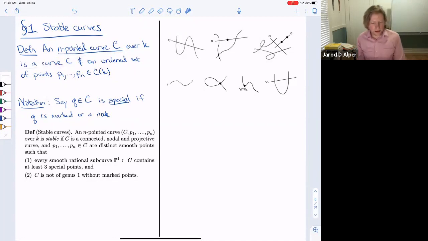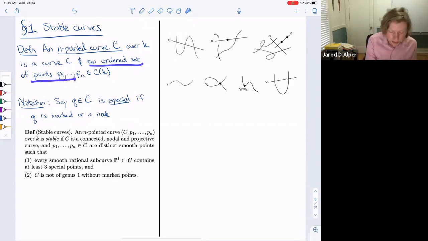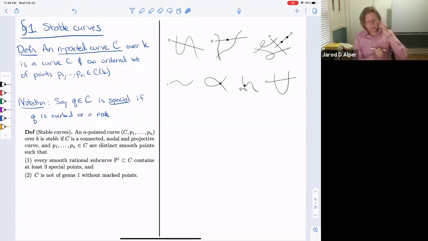A curve for us was just a pure one-dimensional finite type scheme over a field, and then we just have an ordered set of n points. This is quite a broad definition.